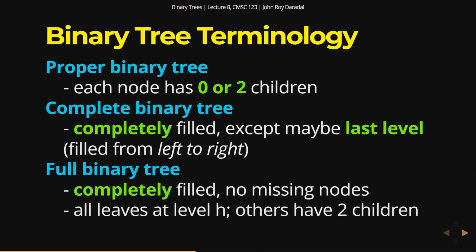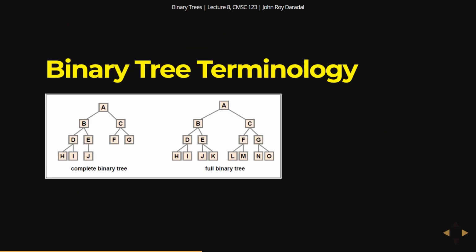So let's see an example of a complete binary tree and a full binary tree. This one is a full binary tree, the one at the right, because you'll notice that everything is filled up at all levels. At level 0, you have A, and it has 2 children. At level 1, it has a left child and a right child.